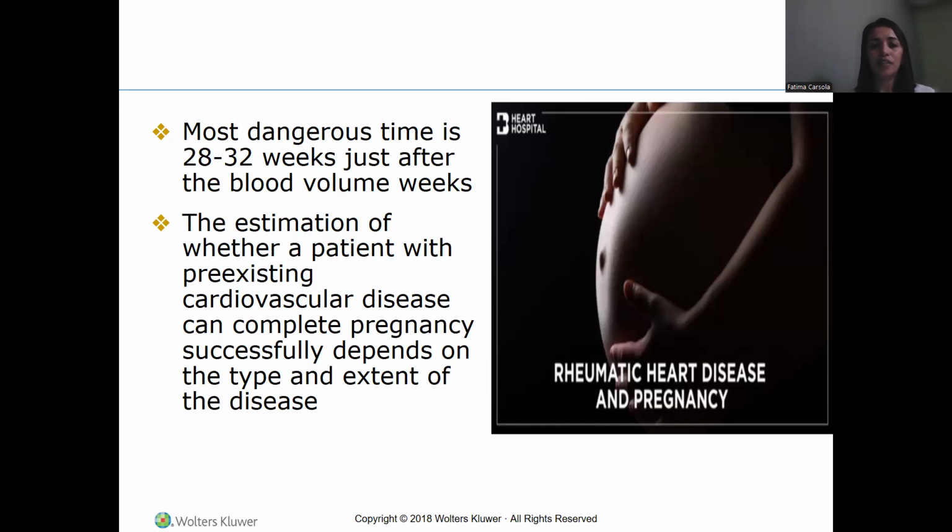Maybe the doctor will tell you you have to choose between continuing pregnancy and you have to stop some of your medications because this could complicate the growing baby inside, or you have to give up the baby to live. So there are conditions wherein the doctor lets the patient choose during this time.